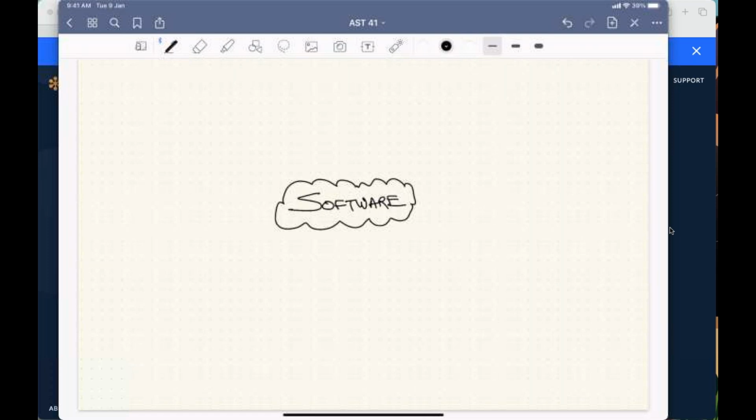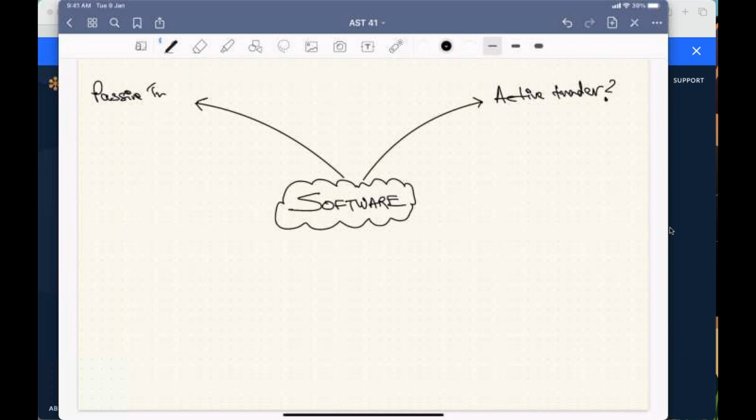Question number one is, what kind of a trader are you? Are you an active trader, or are you a passive trader? An active trader is one who is in front of the system all the time.